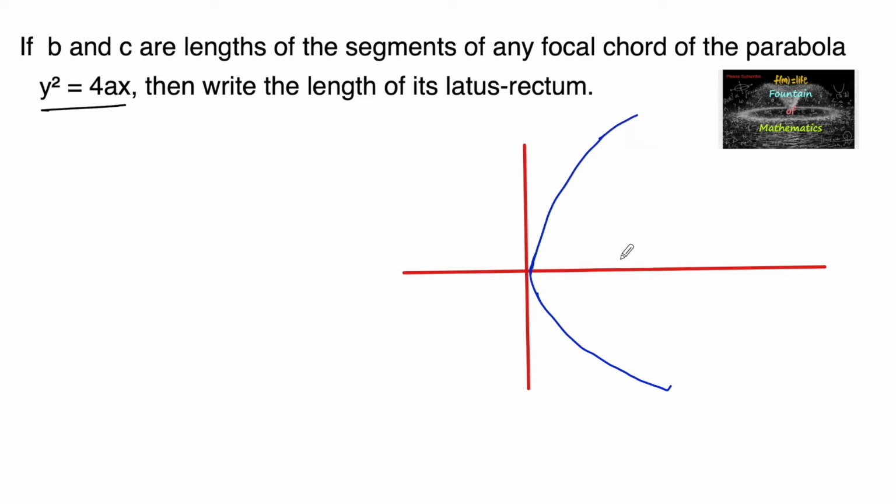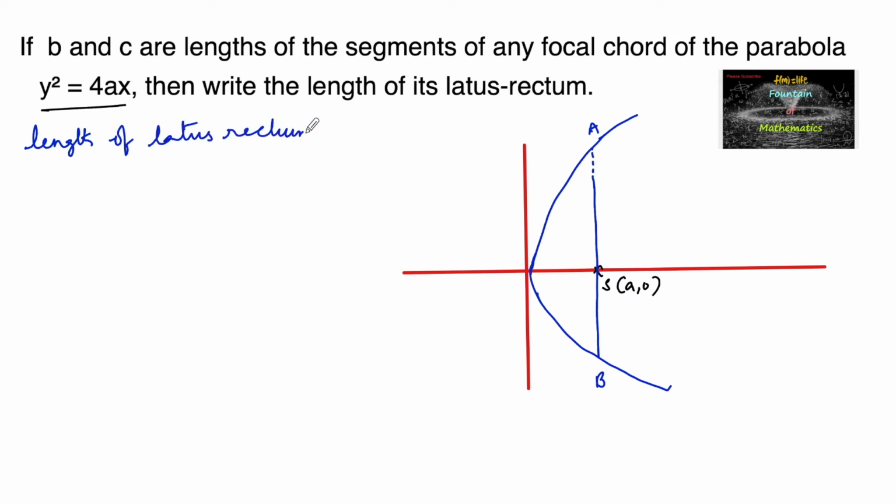Let us consider S the focus, (a, 0), and the latus rectum is drawn perpendicular to the axis passing through the focus. Say AB is the latus rectum. We know that the length of the latus rectum of the standard form is 4a.